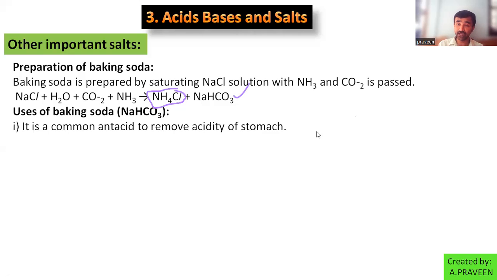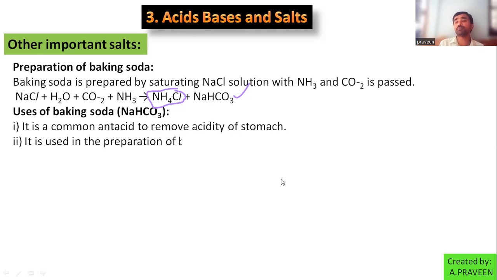So that's why sometimes if you suffer from acidity, you will be advised to drink soda. Not market soda, that is liquid carbonic acid. Here it is sodium bicarbonate, a salt that can dissolve into water and is drinkable. Non-corrosive in nature, so it is used as an antacid.